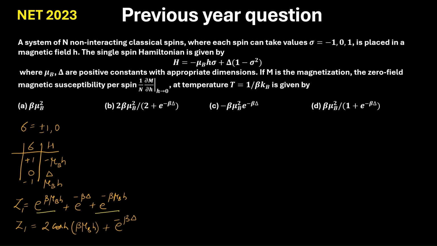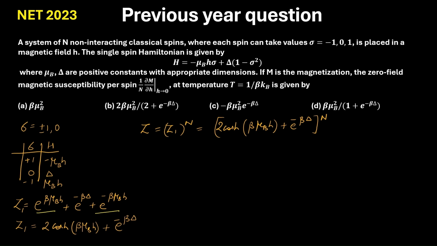Now for N spins, it will be the power of this. So we have [2 cosh(beta mu_B H) plus e to the power minus beta delta] to the power N. So this is the partition function for N spins.